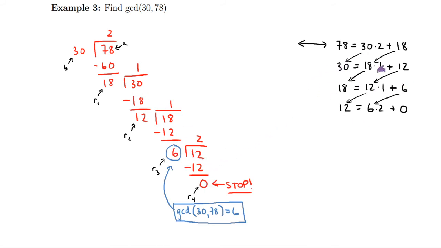Okay, so that's kind of cool. And then the other thing that's really neat is you could actually use these equations over here to write the original two numbers, the 30 and 78, as a combination of the GCD. So I can actually write this number 6 as a combination of 78 and 30. And I'll show you that in just a second.